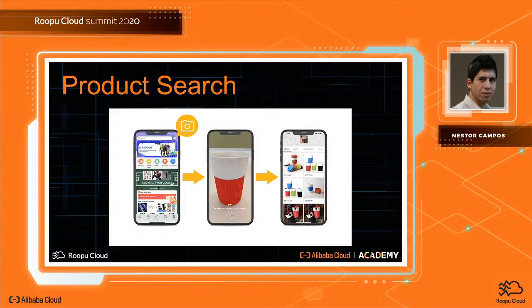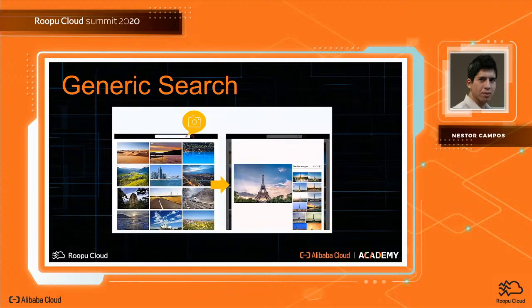And generic image search, opposite to product search, is not about objects, it's about everything. It's about landscapes, it's about people, it's about everything, etc. I mean, you can imagine generic search where you can find similar images without a category.